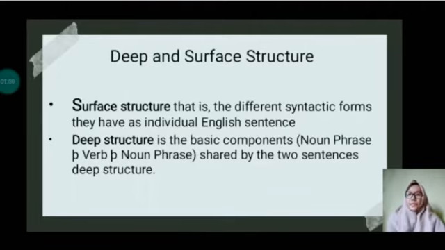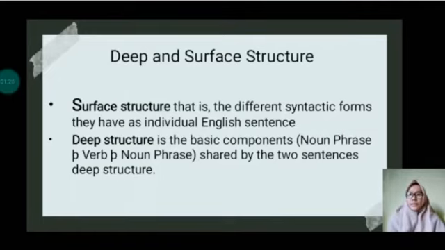And the deep structure is the basic components, noun phrase plus verb plus noun phrase, shared by the two sentences that can be presented. For the example, I will use the previous example, Charlie broke a window and the window was broken by Charlie.